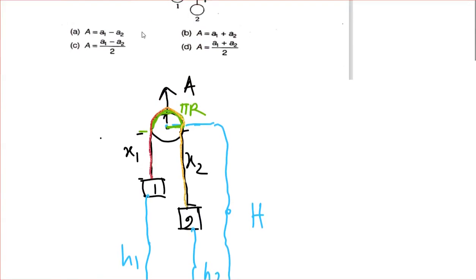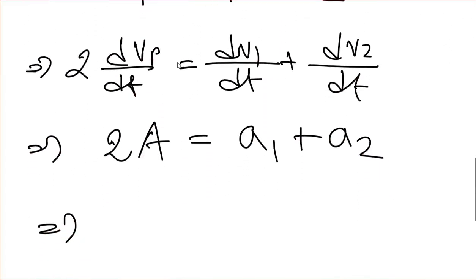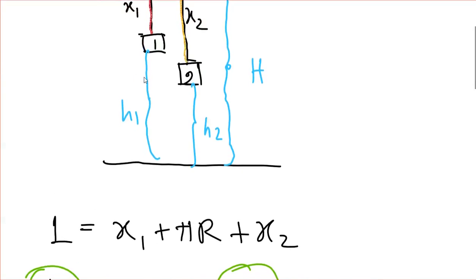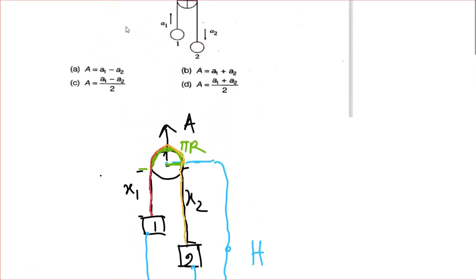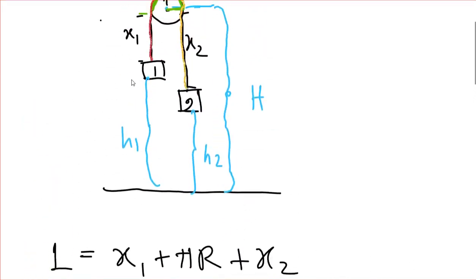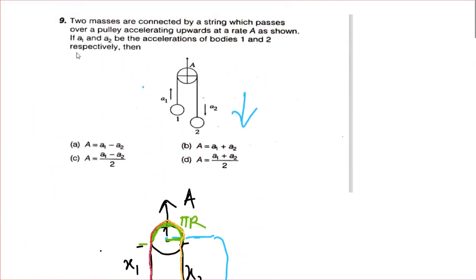Okay, so this will not be the correct answer, because in the given question the image shows that the acceleration of body number 2 is downwards, and for body 1 the acceleration is upwards, and the pulley's direction is also upward.